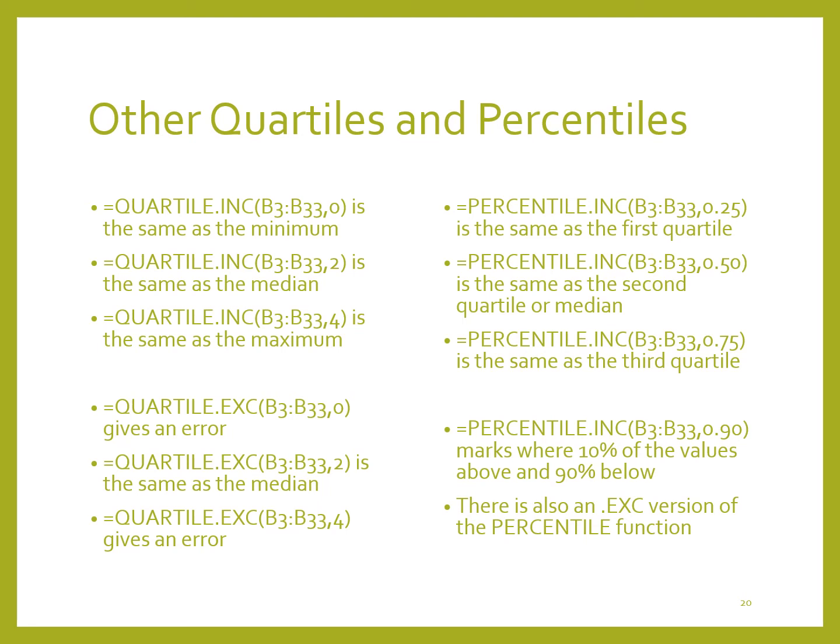But the percentile function allows you to go to other things, such as 0.9. This would be the 90th percentile, the mark where 10% of the data would be above and 90% below. And the percentile function has an EXC version, an exclusive version, the same way as does the quartile.